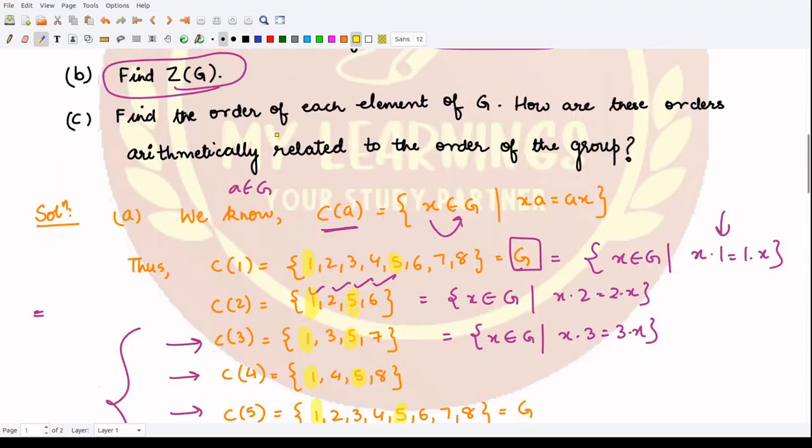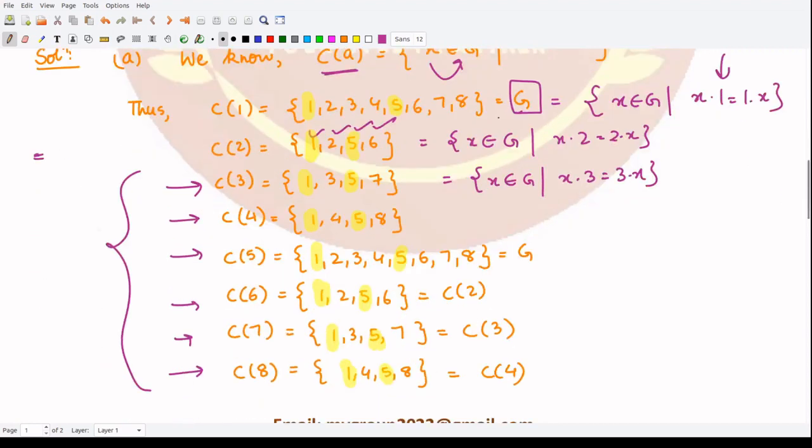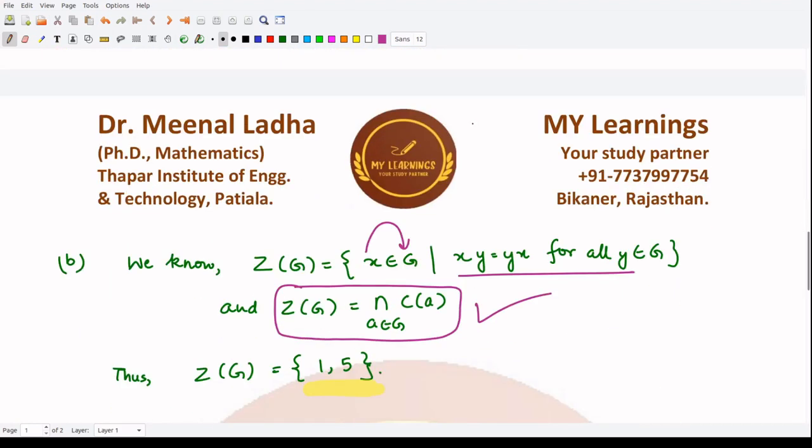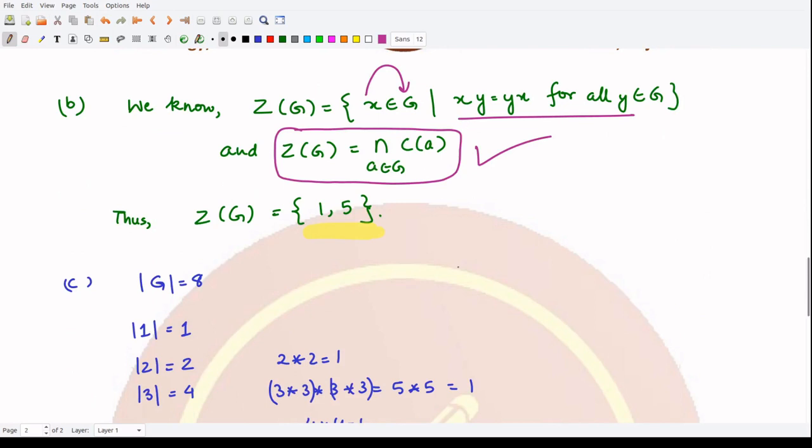Correct? What about the third part? In the third part, they are saying find the order of each element of G. Let's do that first. For the order, if you remember, we have to apply the operation some number of times so that we obtain the identity. The lowest number of such times we have to perform becomes the order.